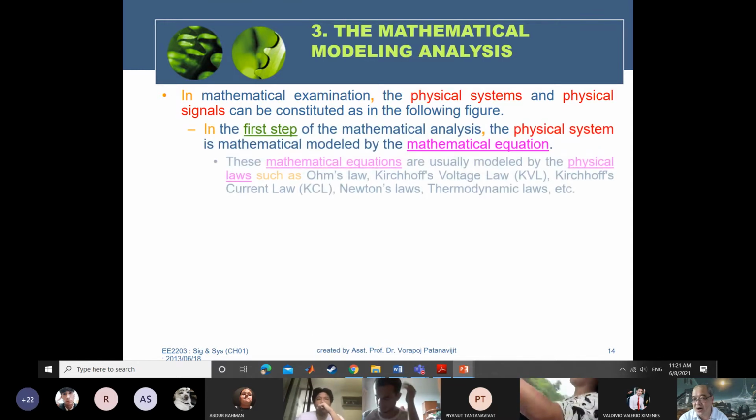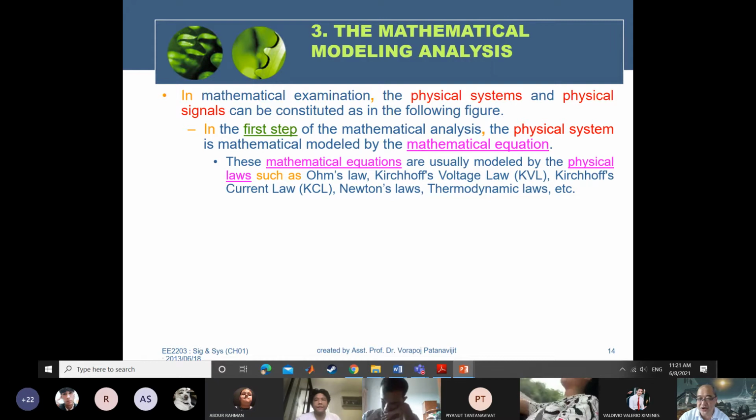In the first step, the physical system is mathematically modeled by a mathematical equation, usually derived from a physics law, maybe Ohm's law, Kirchhoff's voltage law, Kirchhoff's current law, Newton's law, or thermodynamics law, as shown in the previous example.